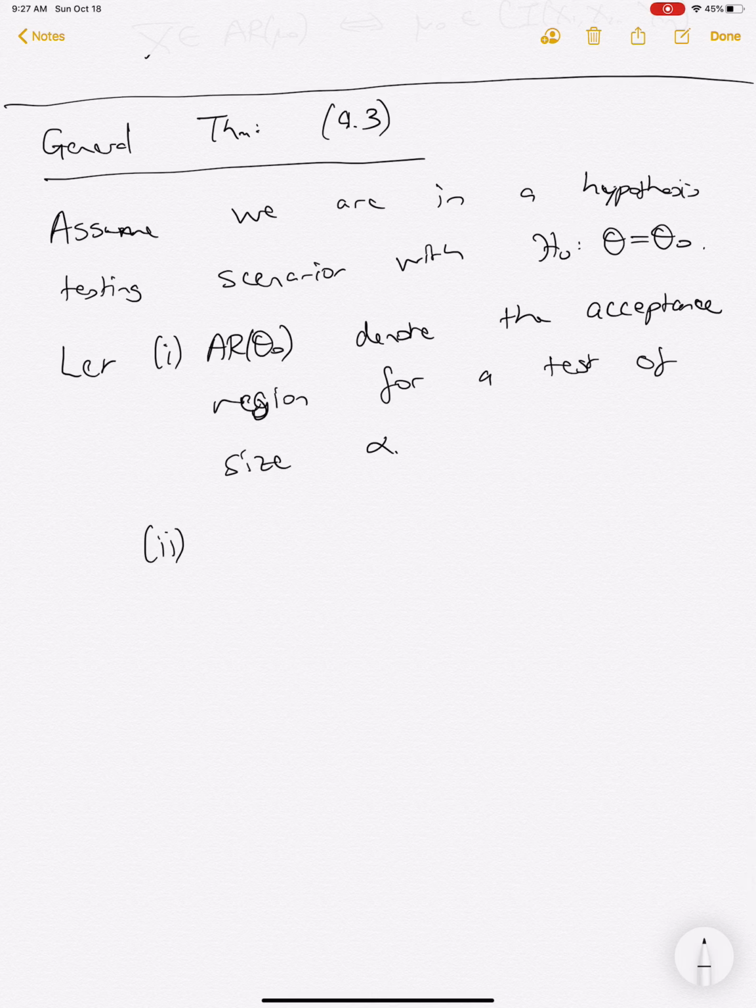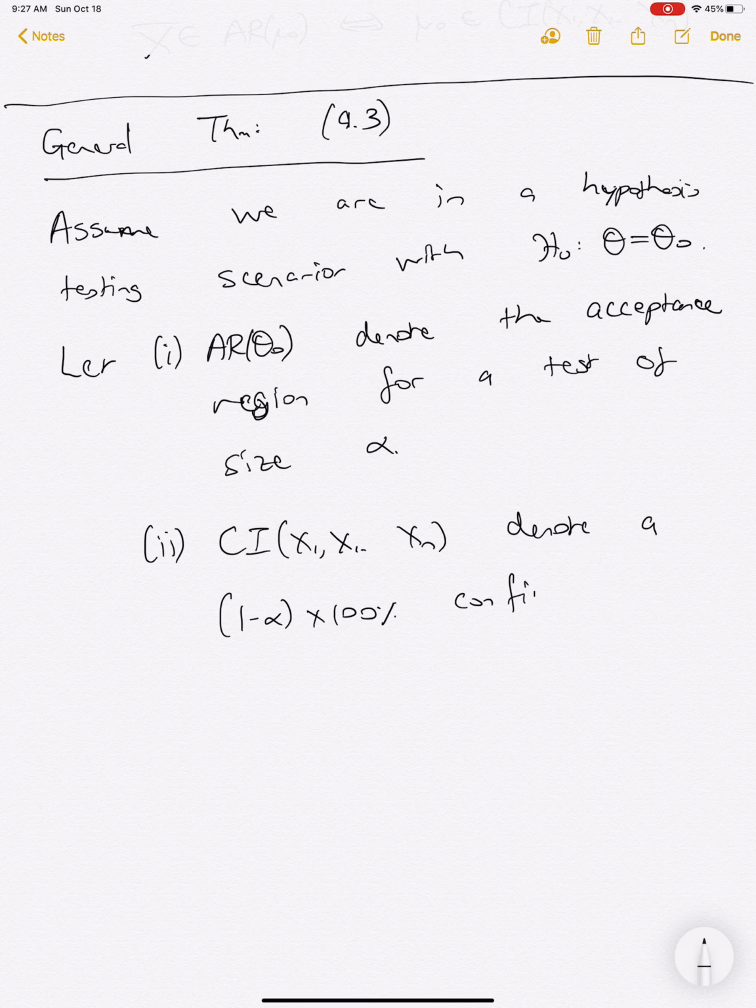And then we're going to let CI of x1, x2 up to xn denote a 1 minus alpha times 100% confidence interval for theta.